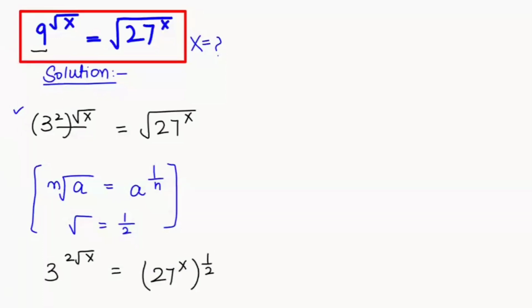Now again the powers are going to be multiplied. So this equation turns to 3 to the power of 2 root of x is equal to 27 to the power of x over 2. In the next step, I am going to write this 27 in the form of a power.